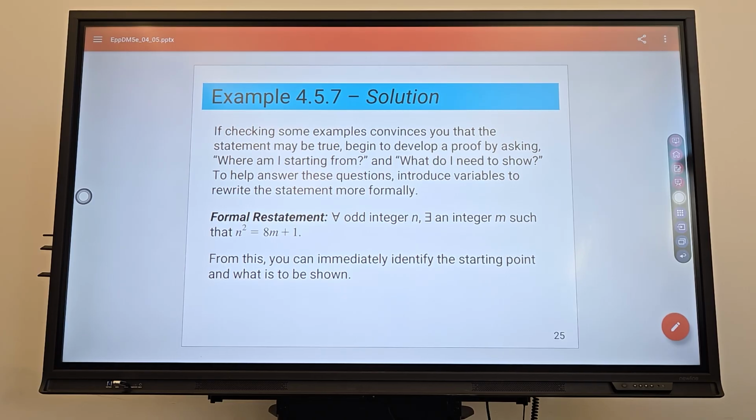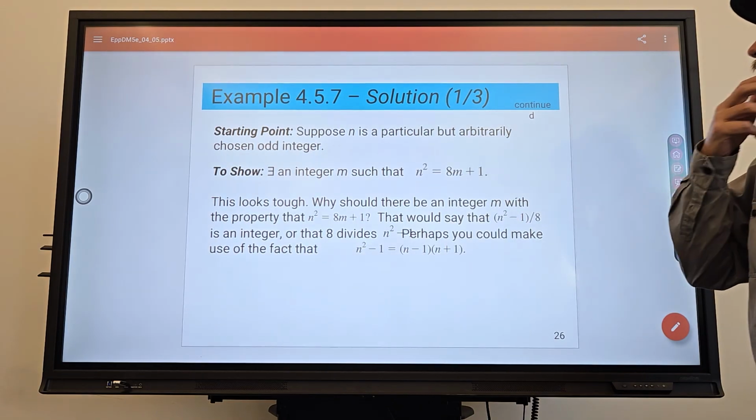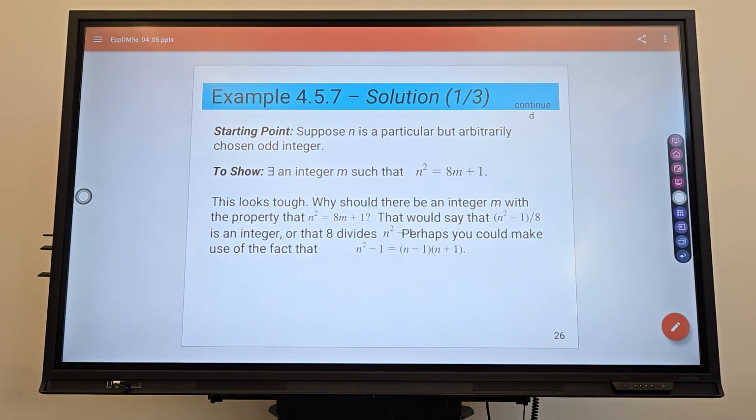From this, you can immediately identify the starting point and what is to be shown. Show there exists an integer m such that n squared equals 8m plus 1.